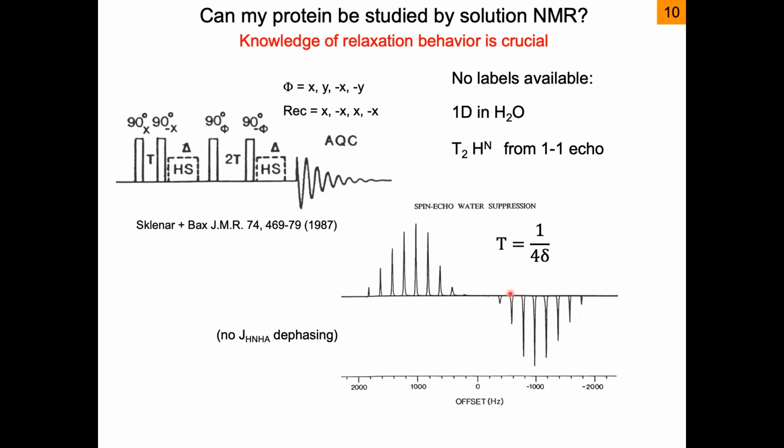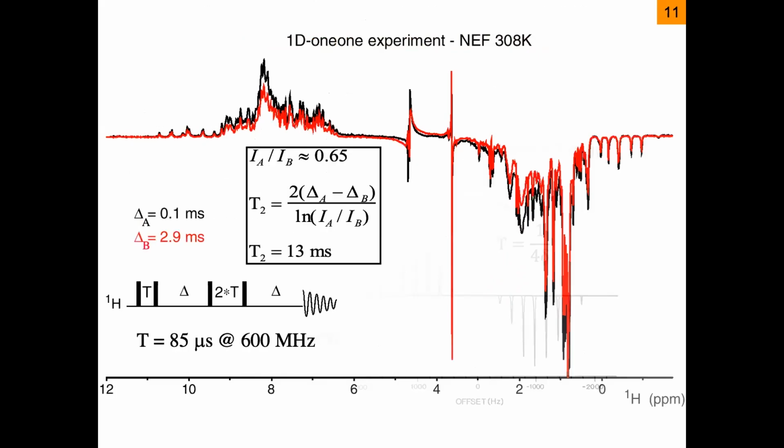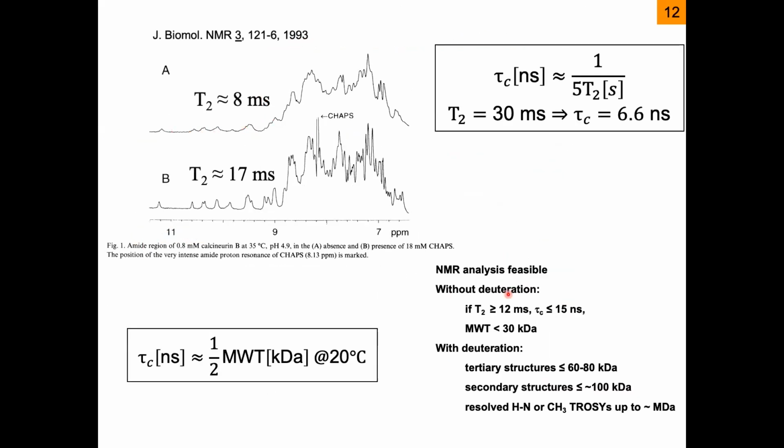So it's basically self-decoupling the alpha. So it's a good measure of the T2. So then you get an idea of the T2, and an idea whether certain experiments would work for you from what I explained to you about the transfer efficiencies.